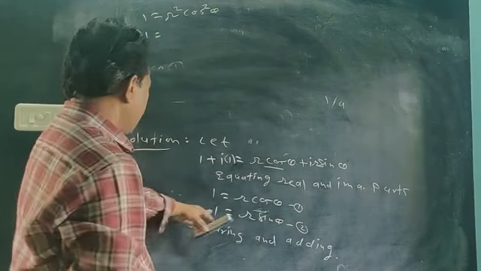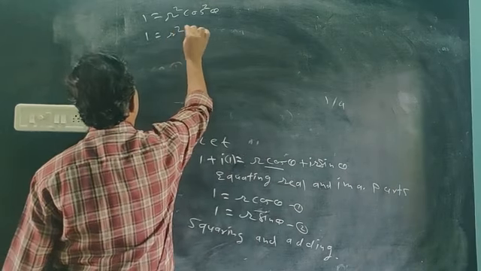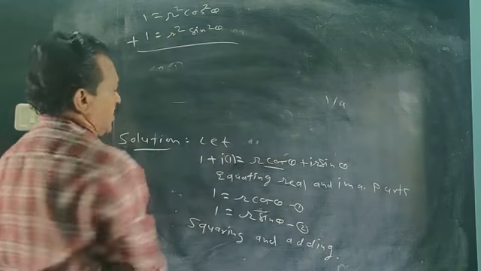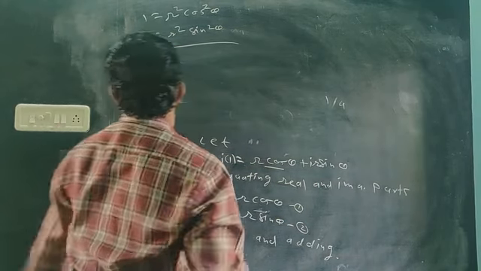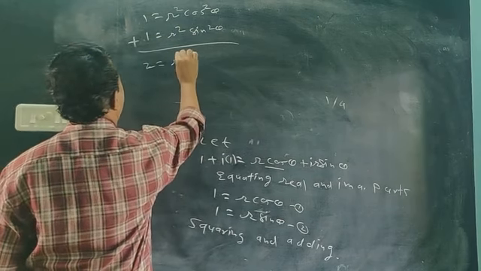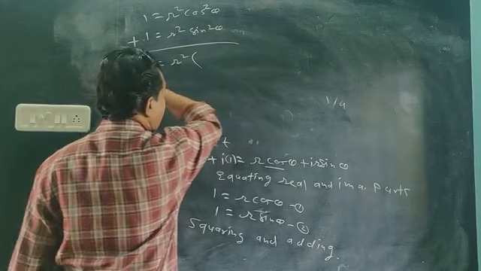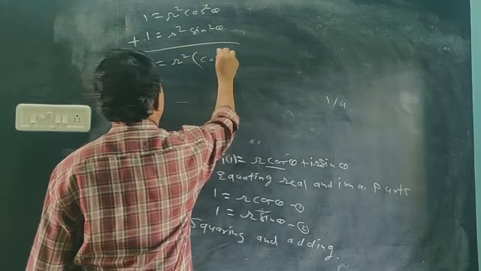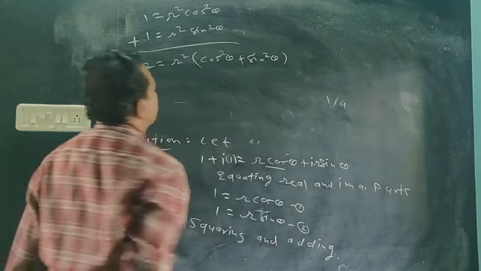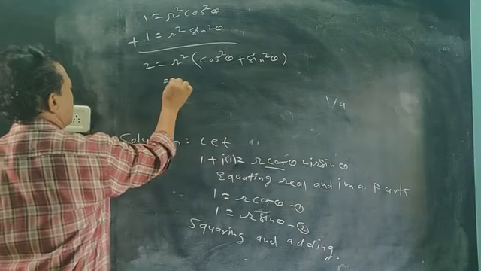Second equation 1 square 1, right side r square sin square theta. Addition also. So 1 plus 1 is 2, right side r square common, then addition there cos square theta plus sin square theta, that is 1. So r square.